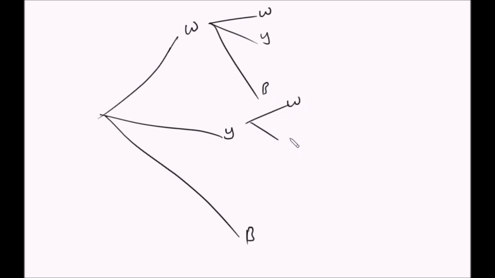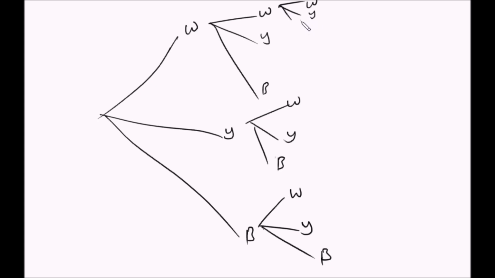Kwa hiyo ni white tena, yellow au black. So amesema 3 times. So for the second tena ni white, yellow au black. So for the third now, ni white, yellow au black.